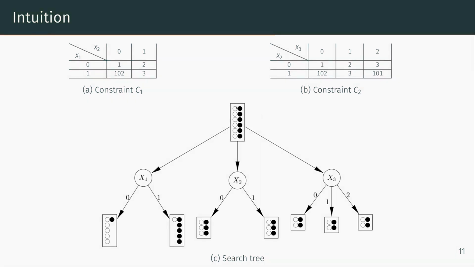At each search node, we use a circle to represent one possible assignment below that search node. At the root search node, all 12 assignments are possible, that's why we have 12 circles here. For x1 being assigned to 0, there are only 6 possible assignments left, so we have 6 circles in this rectangle.